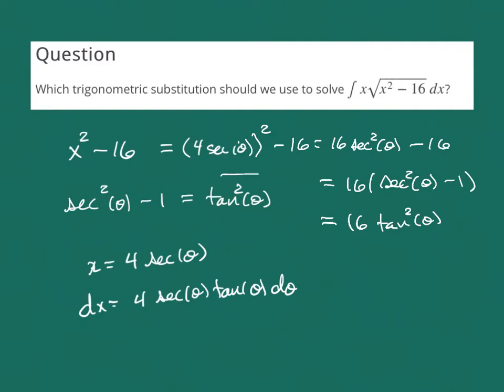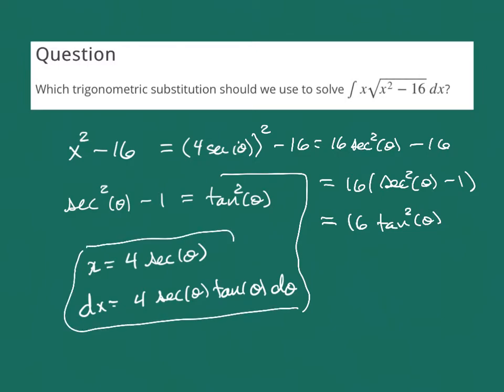So we know what x is, we know what dx is, and we can choose the correct substitution.